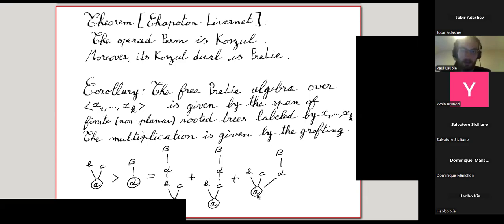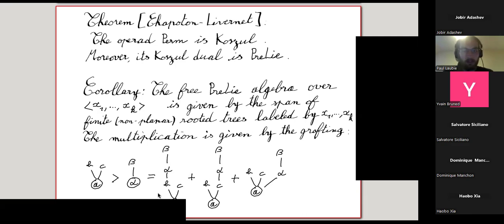So here I wrote a small example. I have the tree alpha beta, the tree A B C, and to compose those two, I graft alpha beta on A B C, and I do the sum over all the possible ways I can do that.